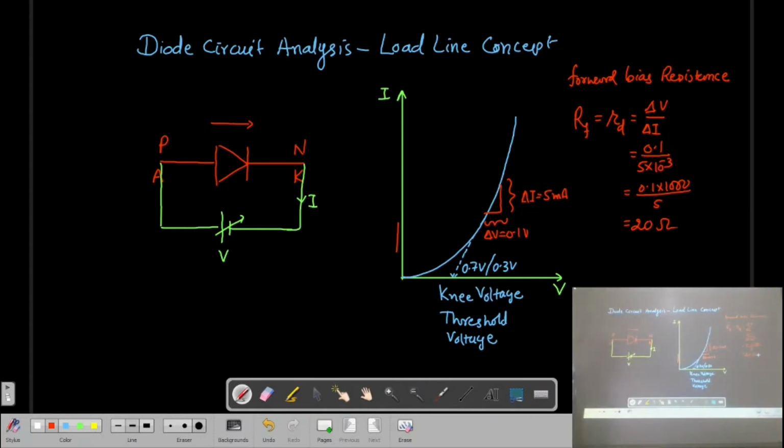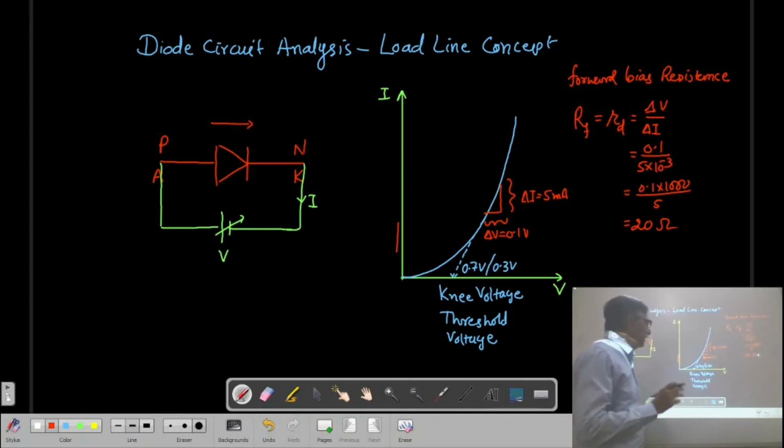And 20 ohm is a very small amount of resistance. You can say the diode is working as a kind of short circuit. This dynamic resistance, this forward bias resistance, is very small, and that's why there is a flow of current.